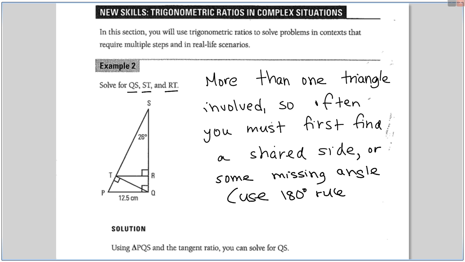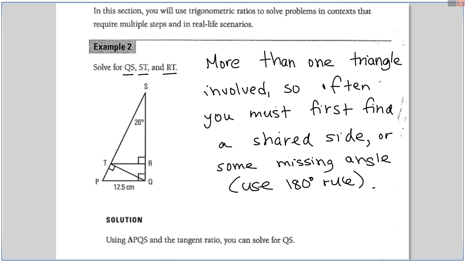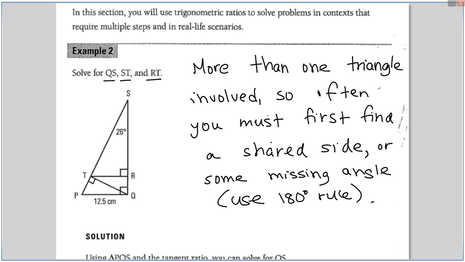What's the 180 rule for triangles? All the angles in a triangle have to add up to 180. So if you take a look at this triangle, do you see 26 up here? Everybody see that? Now imagine these lines aren't there. This is 90.